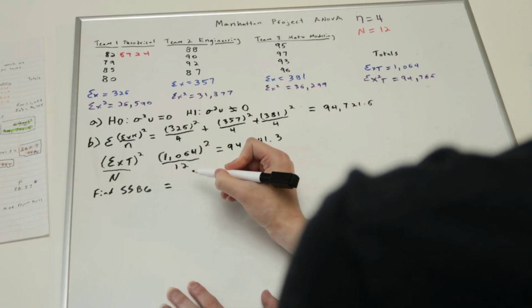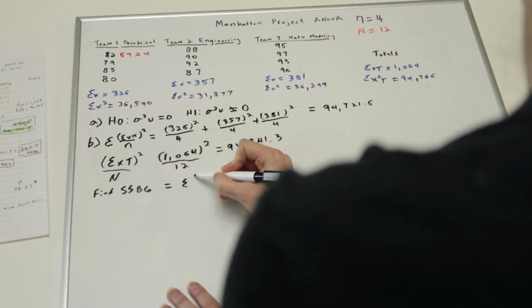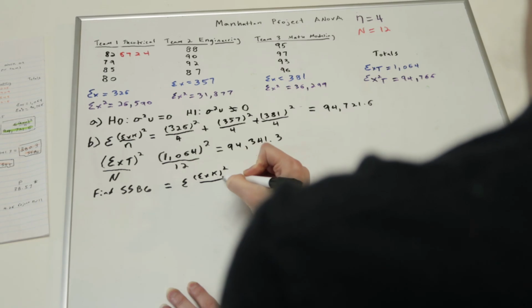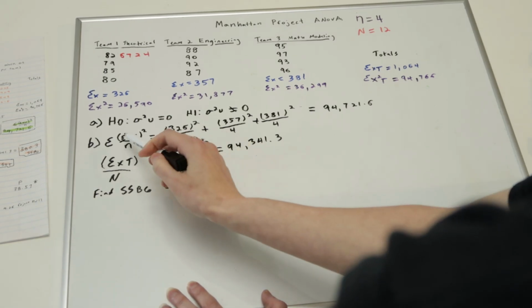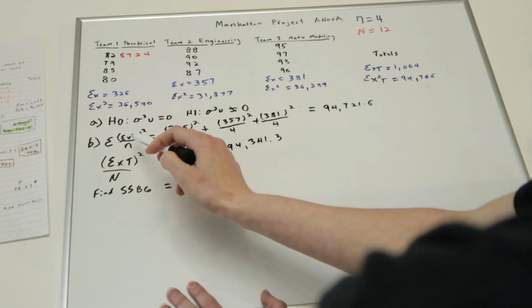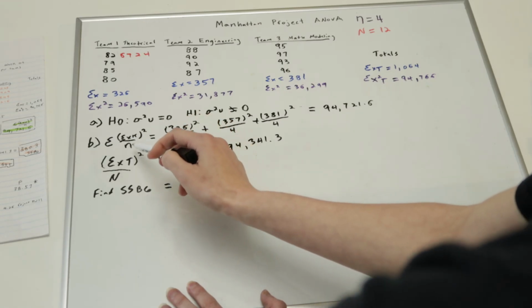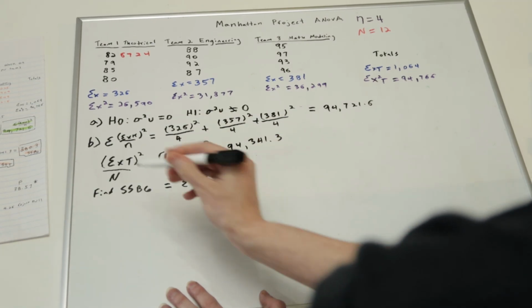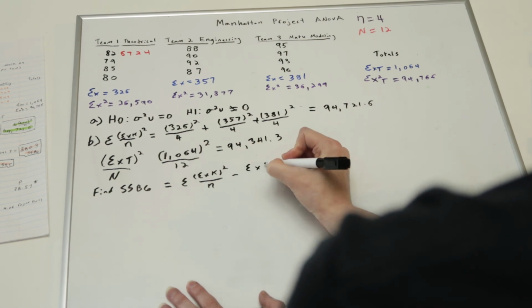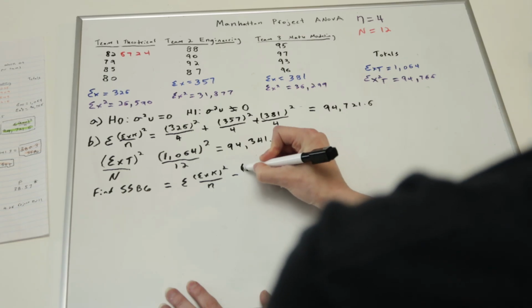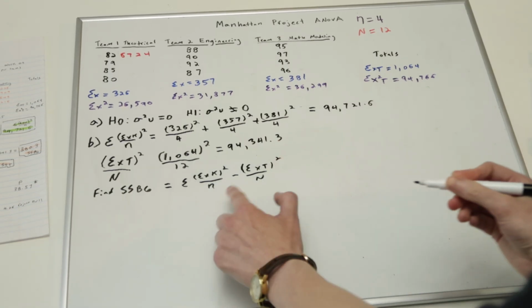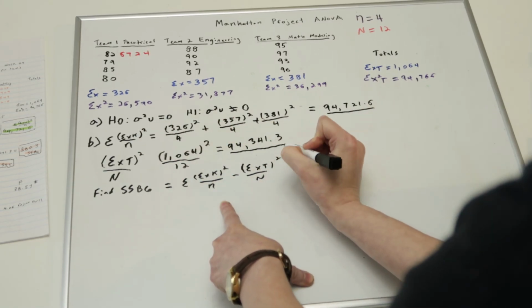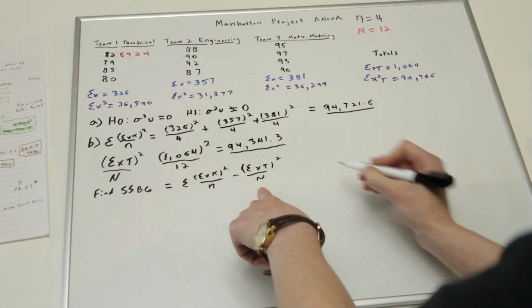So all this is saying is we're taking the value that we just calculated and the value that we calculated before, and we're subtracting them.